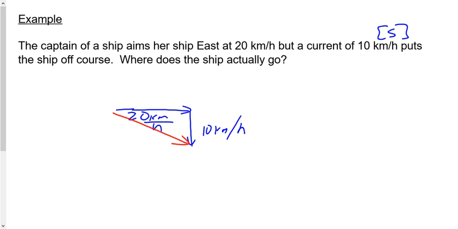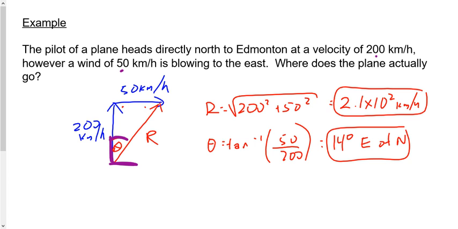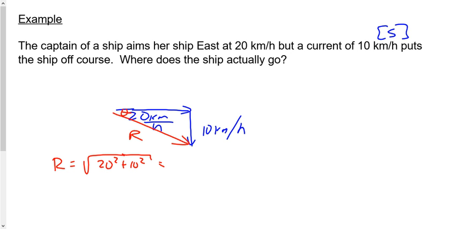Okay, we solve for the value of r, and we solve for the value of theta. R is equal to the square root of 20 squared plus 10 squared. What's that number? 400, 500, square root of 500 is 22, I want to say. Until somebody tells me different, that's what it is.